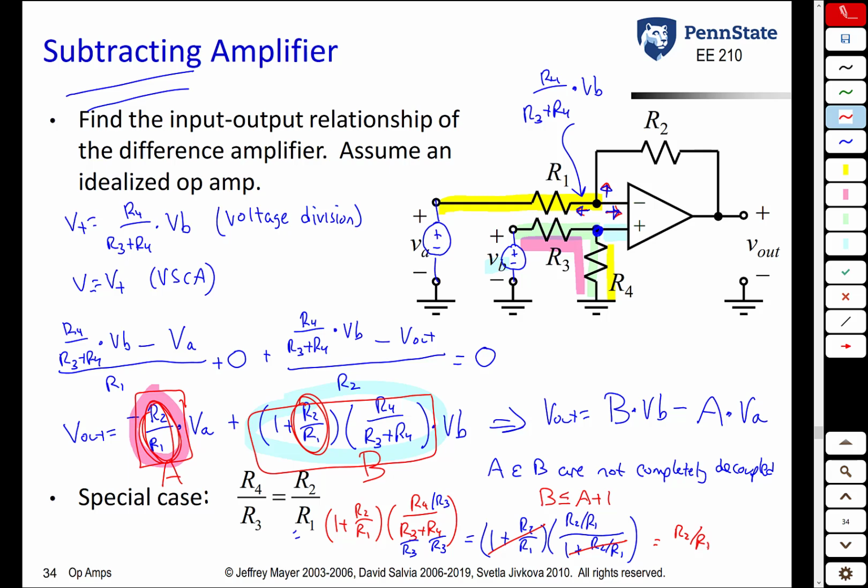R2 over R1. So in the special case, what we get is that V out is equal to minus R2 over R1 times VA plus R2 over R1 times VB, or R2 over R1 times VB minus VA.